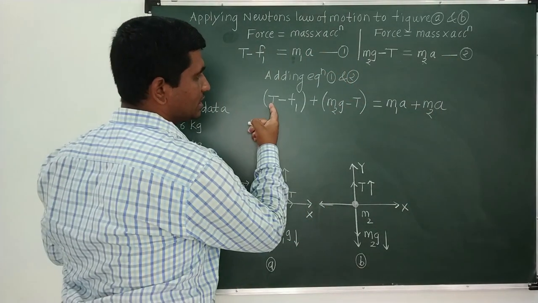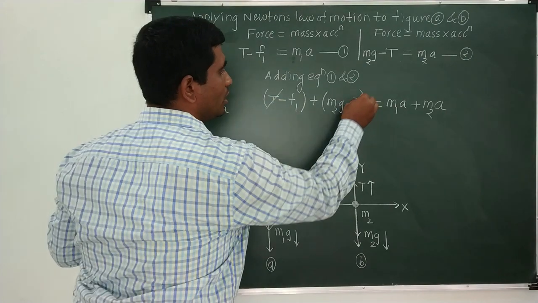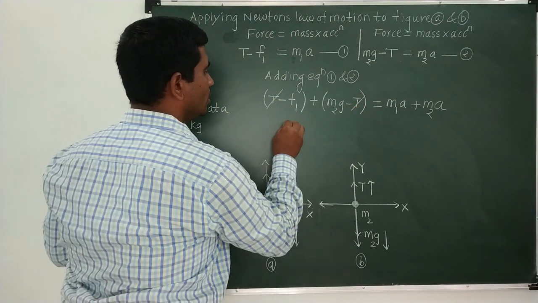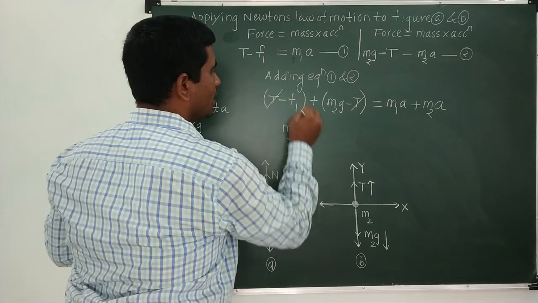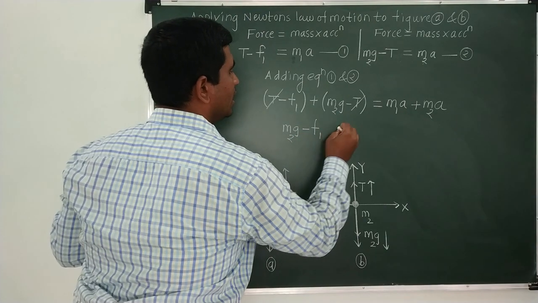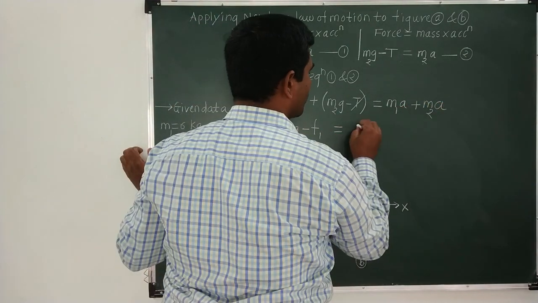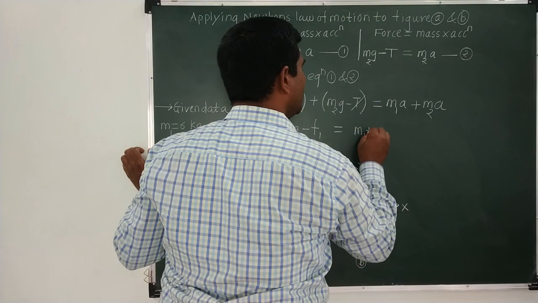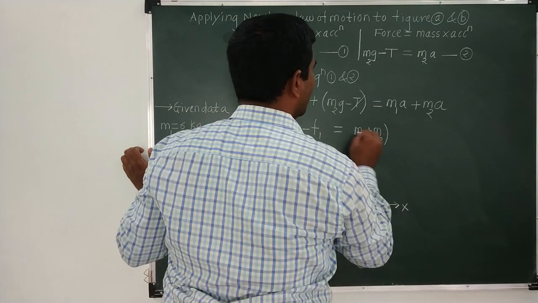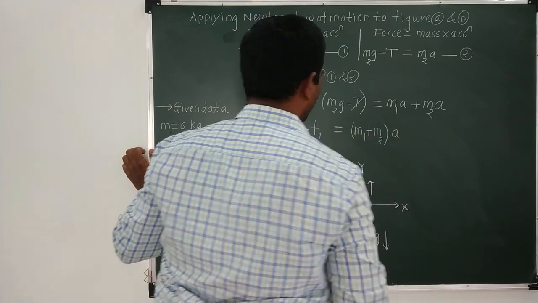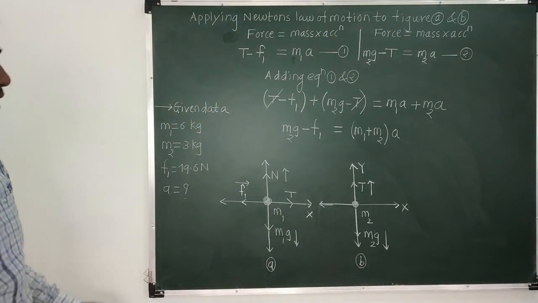Now this is plus T, this is minus T, these two will cancel each other, and here you will get M2G minus F1 is equal to, here acceleration you can take common, so it is M1 plus M2 into A.